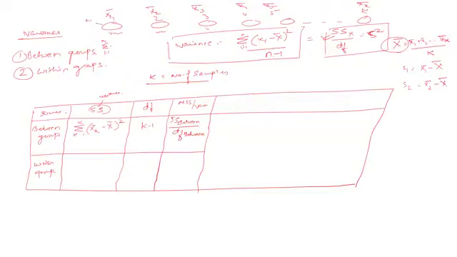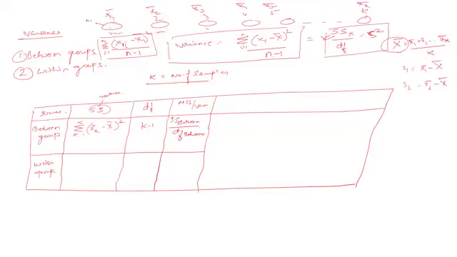The formula would be the sum of (x for sample 1, ith term, minus x1 bar) whole square, divided by n1 minus 1. Is this clear, everyone?